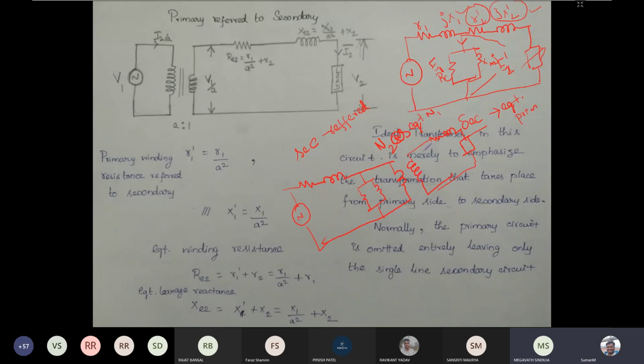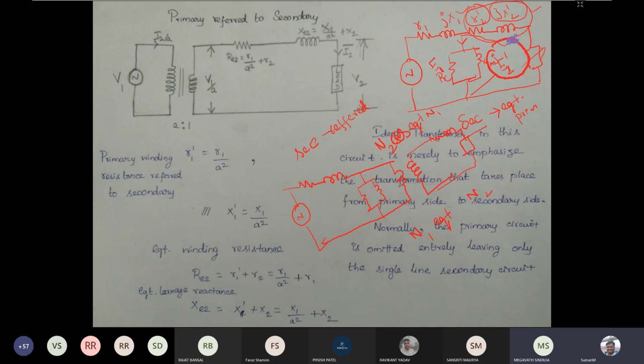Now what we can also do is change N1 equivalent to N2. When we made N2 equivalent to N1, we changed all the secondary parameters.